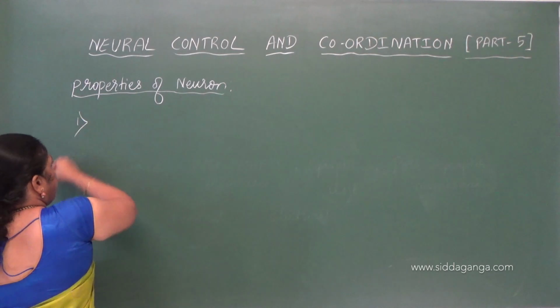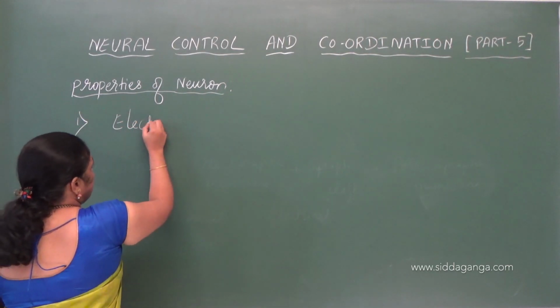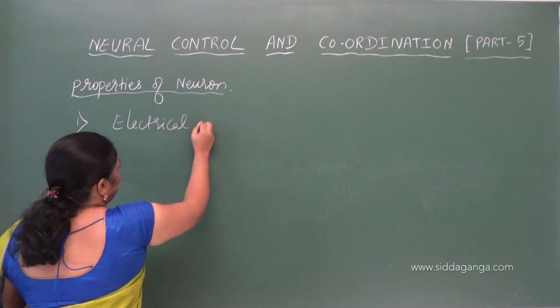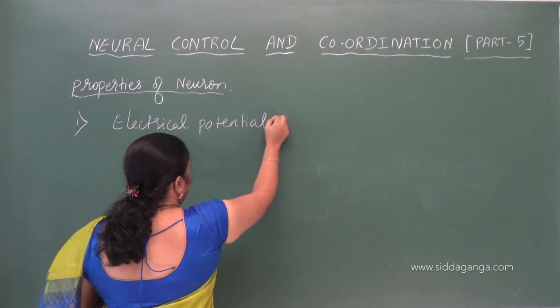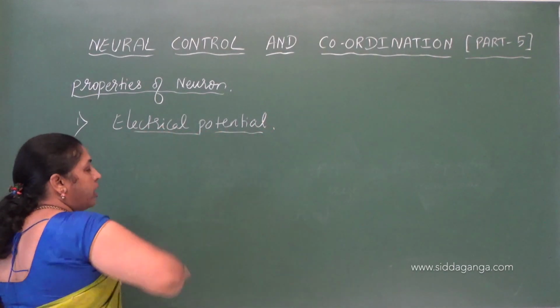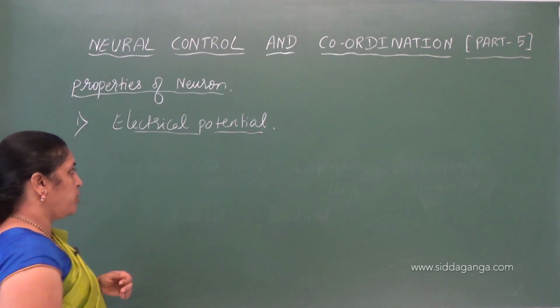First property of neuron: electrical potential. Due to the presence of electrical potential, neurons are excitable and conductible.